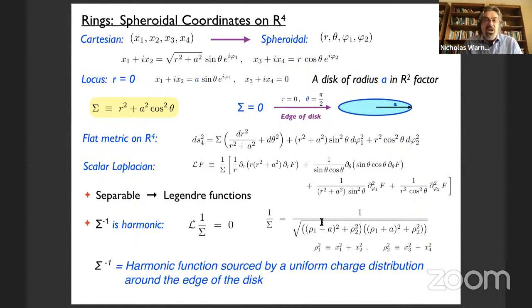So the reason why we can make so much progress with superstrata in R4 is because the underlying equations can ultimately be expressed in terms of a coordinate system where the Laplacians are generically separable. And we can smear things out onto uniform distributions around edges of disks in a very nice way.